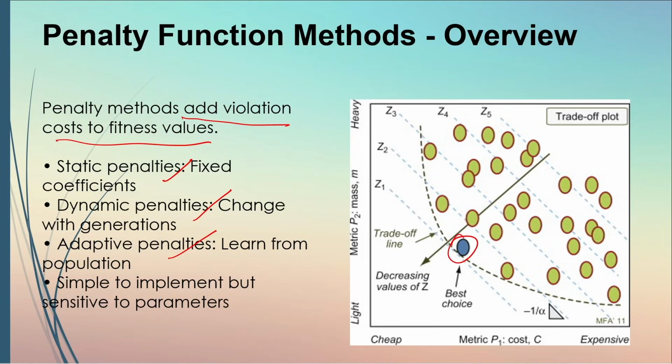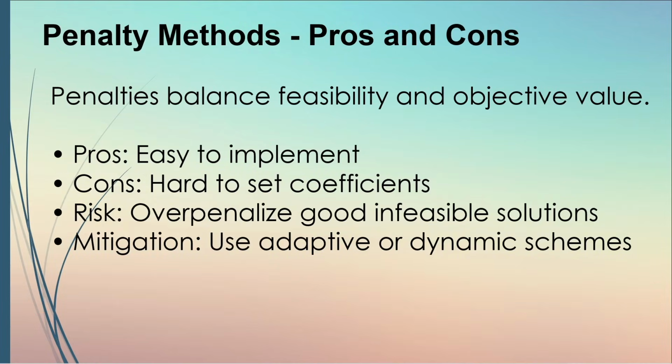If it is a static penalty, it is a fixed coefficient. If it is dynamic, it changes with the generation. If it is adaptive, it is learned from the population. Everything is possible. But even though it looks very simple to implement, you should always be very careful because it is sensitive to parameters. What are the advantages and disadvantages? It is easy to implement, but on the other hand, it is very hard to set the coefficient.